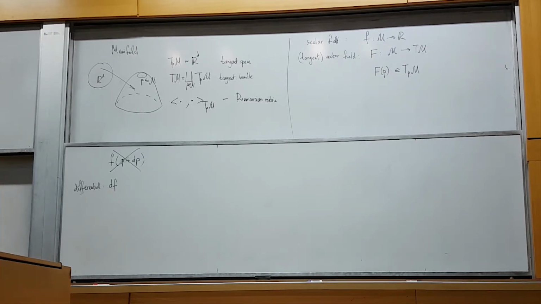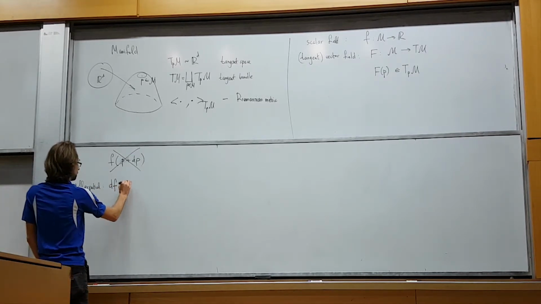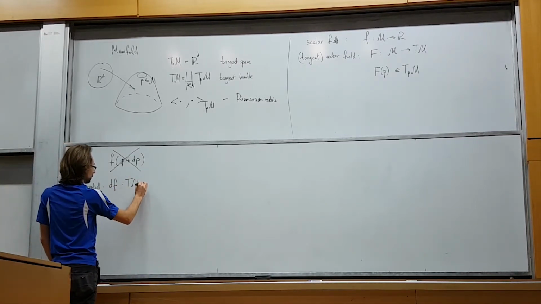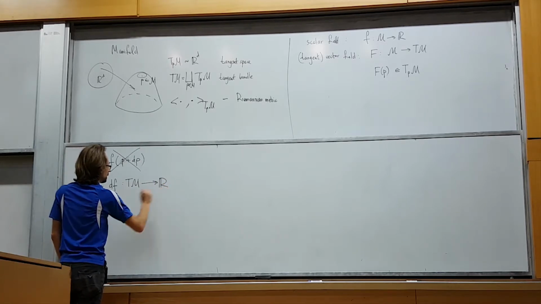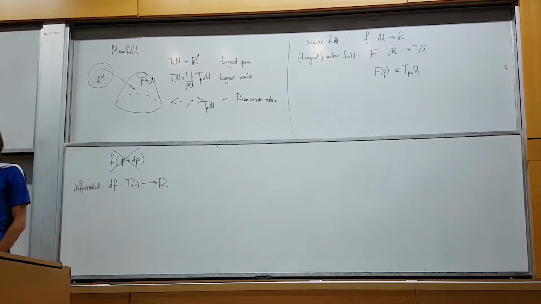It will be a map from the tangent bundle to R. Okay? Now, how exactly am I going to define this map? Well, it will take a point. You need a path for this? Pardon? You need a path or something. No, so wait a second. Currently it's just an abstract operator.